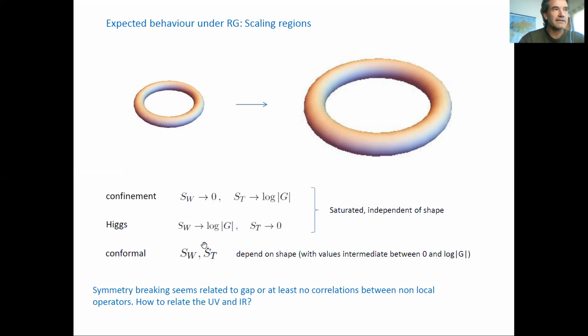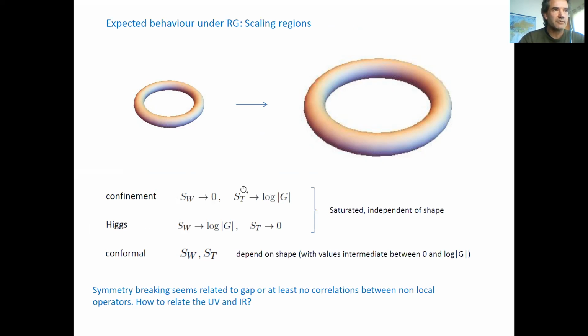But an interesting point is that these expectation values, or a relative entropy, should be saturated independently of the shape as you increase the size. While in the conformal case, both will depend on the cross ratio, let's say, on the original geometry.